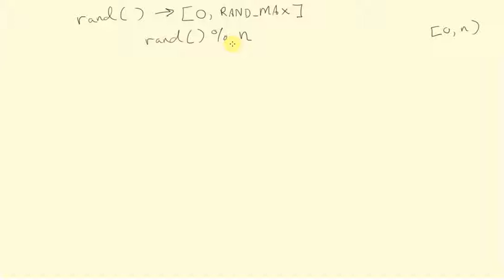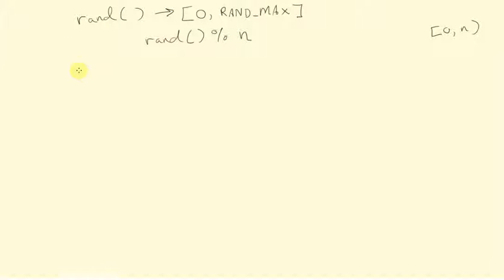The reason why this solution here isn't completely correct is because some values that are outputted are more likely to occur than others, and the larger n is, the larger the disparity of values being more likely to occur becomes.